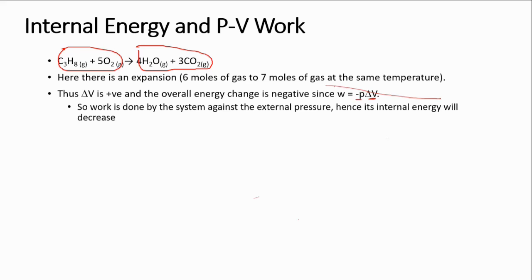Well, it did work in applying a force and causing the cover of the cylinder to move upwards, basically pushing back against the atmosphere. That is the work done, force times distance. All right? Now, this is something important and interesting.